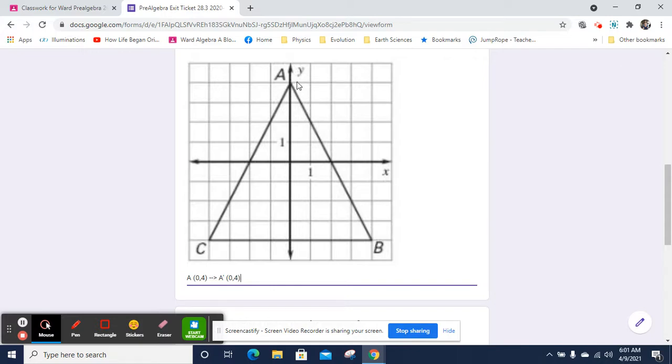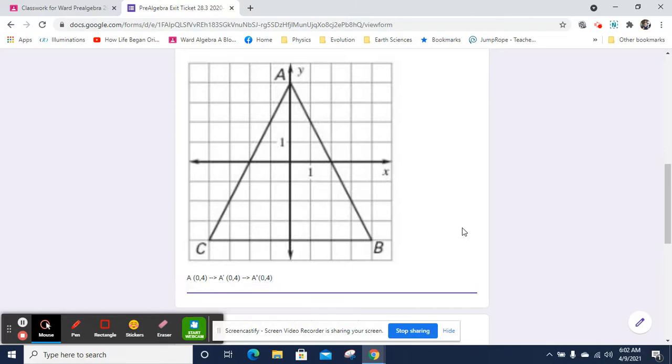It is 0 in the vertical from the center of dilation and 0 horizontally, so it's just going to stay right there. And then when we reflect it across the y-axis, it's already on the y-axis. The only thing that would change sign would be x, but x is 0, and 0 has no sign. So A double prime is going to be simply (0, 4). So A stays the same.